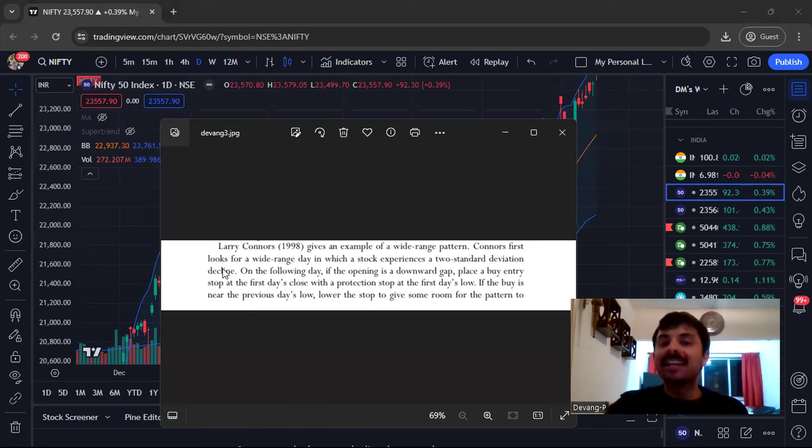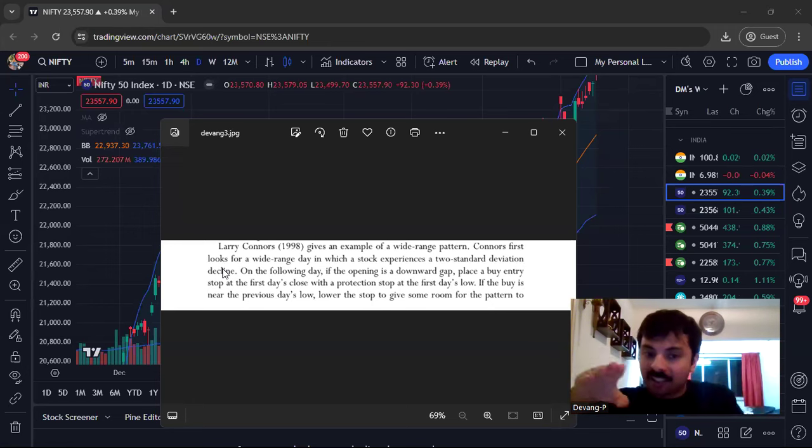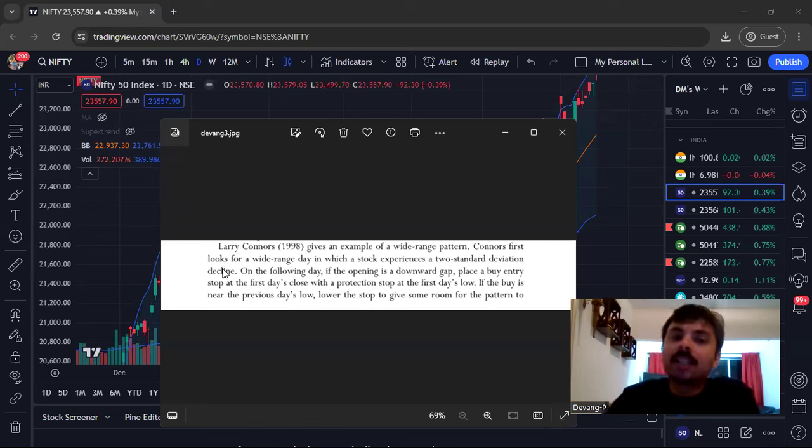Number one, look for an unusually large bar. अगर करना चाहते हो, look for a Bollinger Band, because in a Bollinger Band you have a 20-day moving average and 2 standard deviation up band, 2 standard deviation down band. So you can use Bollinger Band as a very good principle, or otherwise other methods are also available. एक red bar बना 2 standard deviation का.